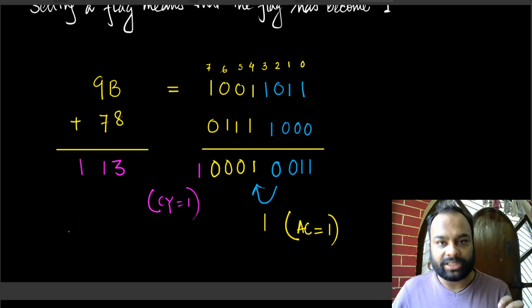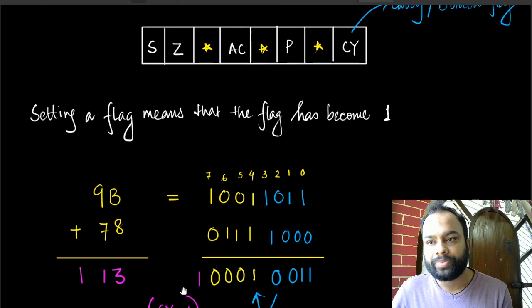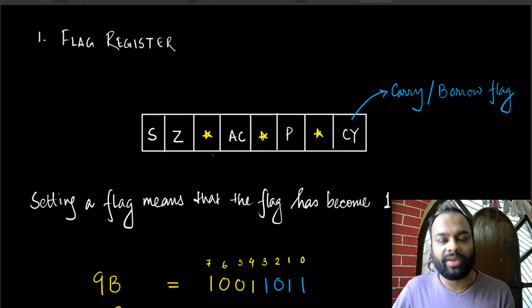And again, while doing subtraction, for the most significant bit, if you have a borrow, the result will also set the carry flag. So the carry flag indicates both carry and borrow. If the most significant bit, addition or subtraction, results in a carry or a borrow, then the carry flag is set.